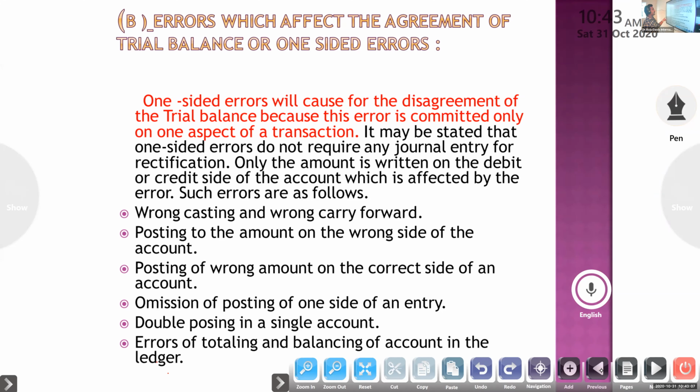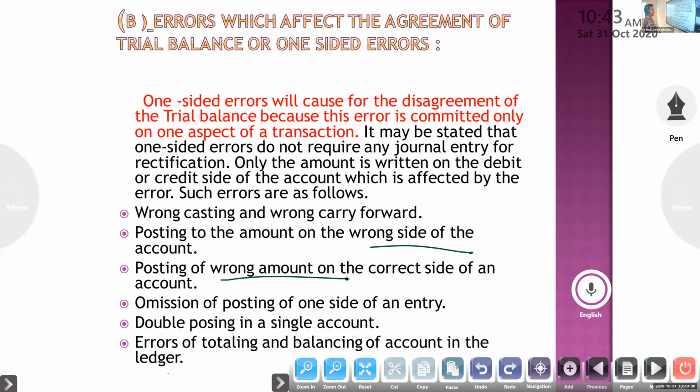The correct amount is 10,000 and we wrote 15,000; or the correct amount is 10,000 and we wrote 8,000. That is overcast and undercast. Then not posted, posting of a wrong amount, and posting to the wrong side.